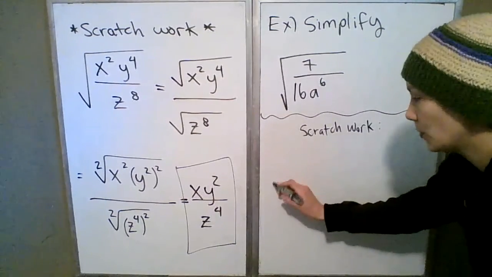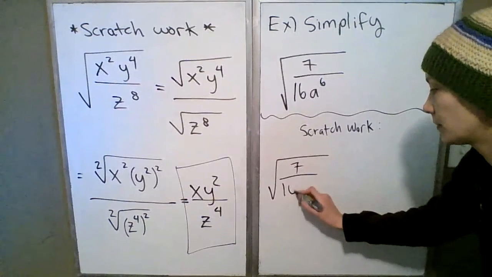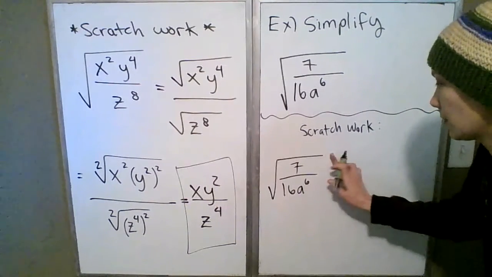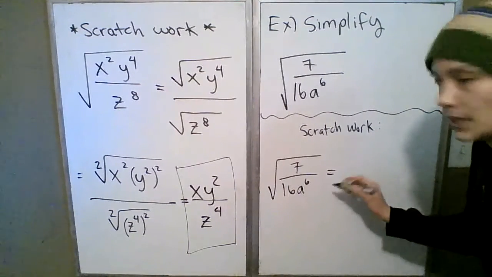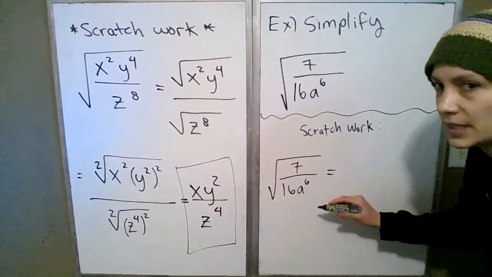Start with the problem. Then I would use that rule to have the root of 7 over the root of 16a to the 6th.